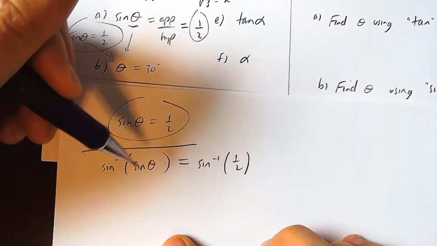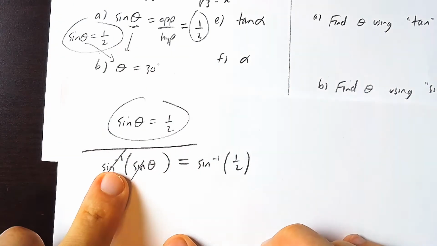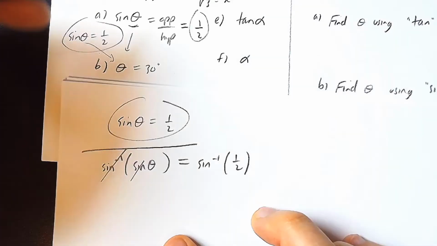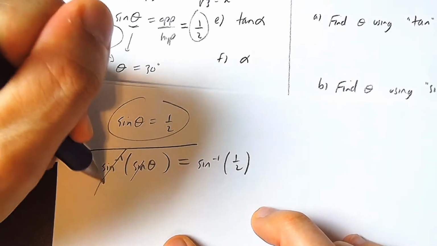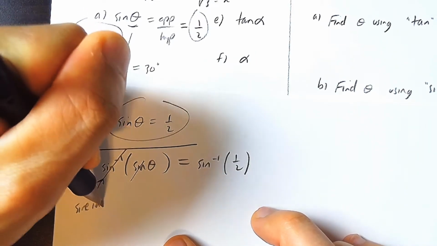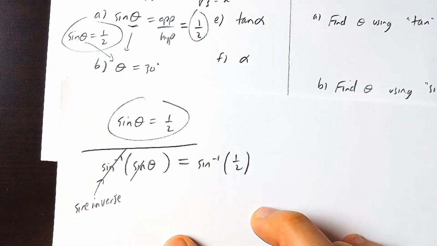You'll learn later that there's a function called sine, and there's another function called sine inverse. The sine inverse looks like an exponent, but it's not. This actually means sine inverse, or the inverse sine function. Just memorize that they undo each other.